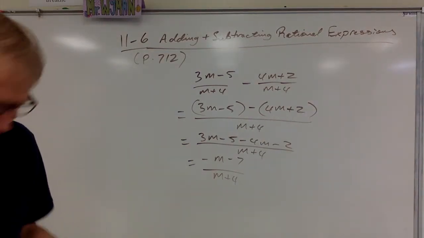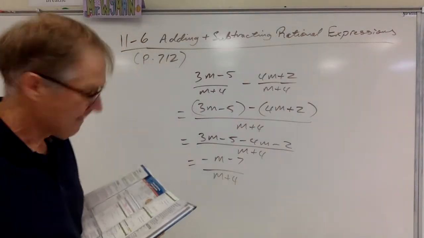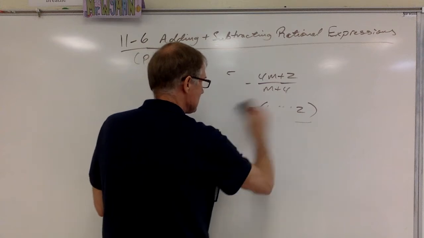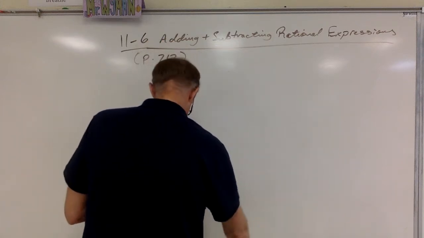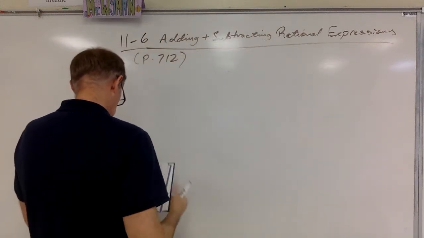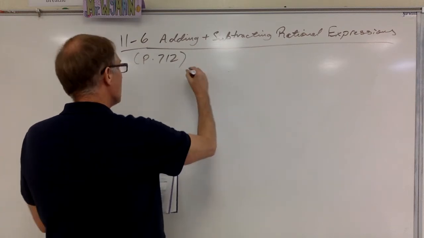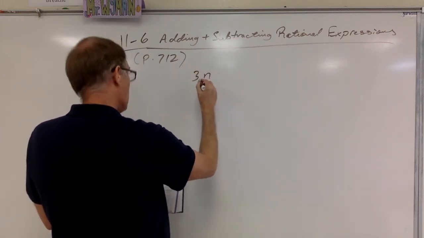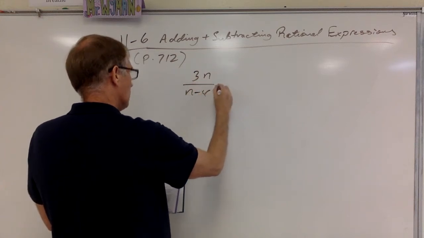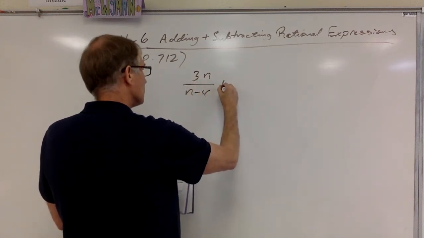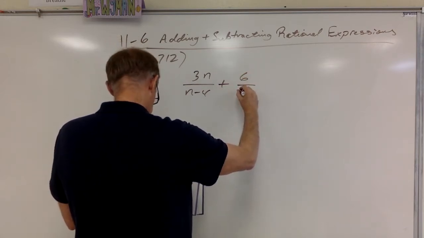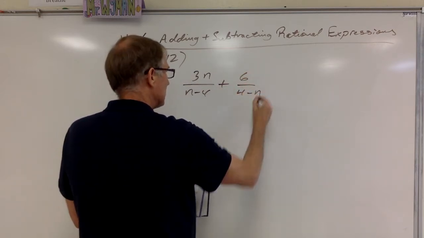Next one. 3n all over n minus 4 plus 6n divided by 4 minus n.